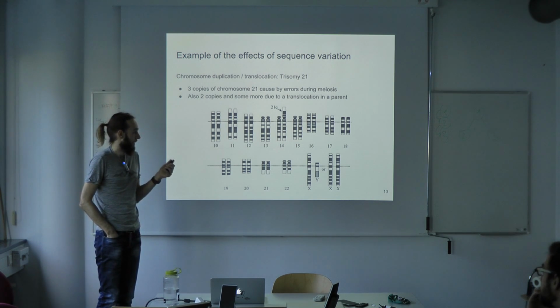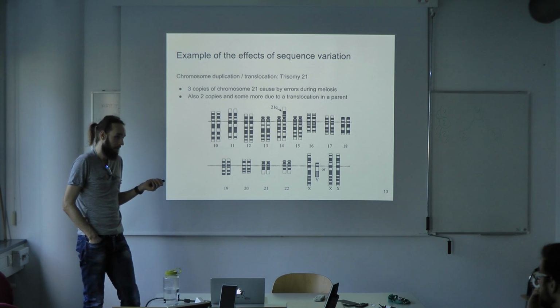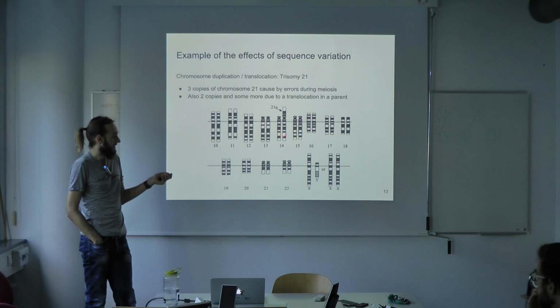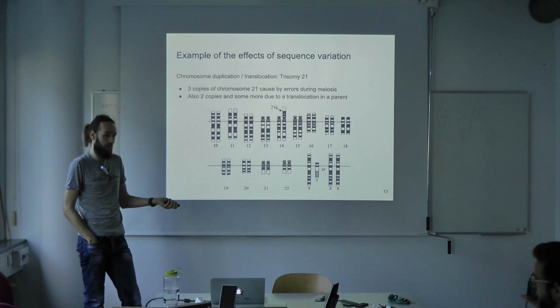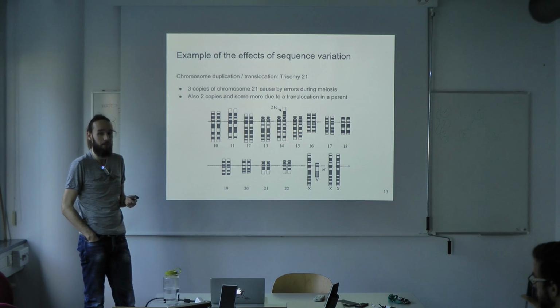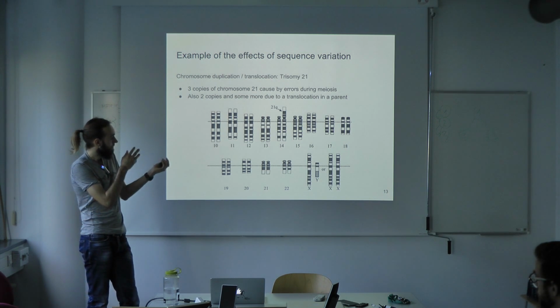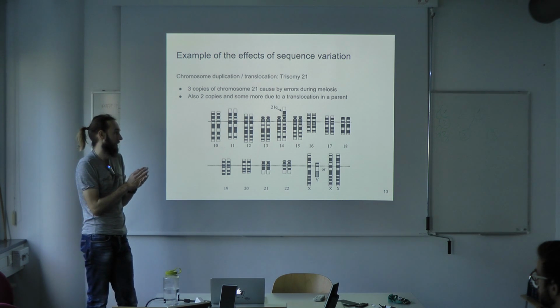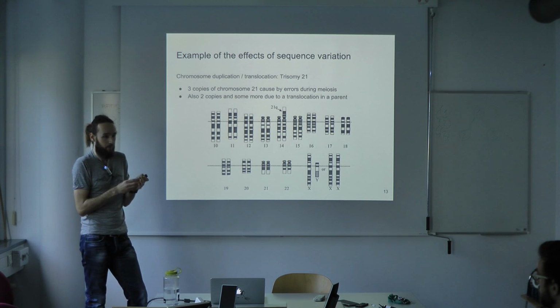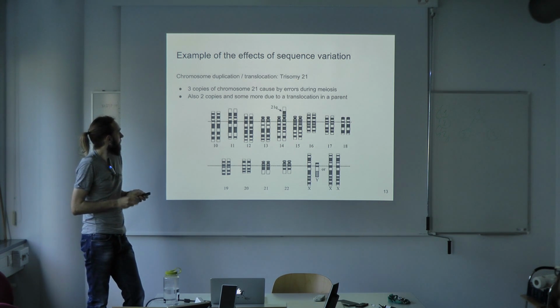And if this happens in the parent, that is not a huge issue. But if you then pass on this strand to the child, and the child also gets the normal 21 chromosomes, then you suddenly have 21 plus a part of 21, and that is enough to mess up the regulation and lead to the disease. So that's how translocation can be an issue, for example.